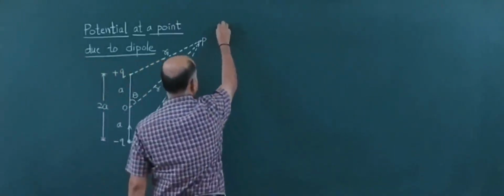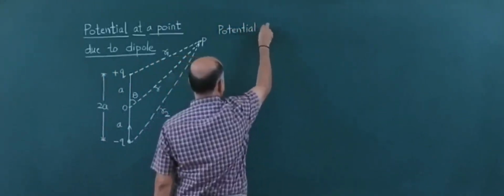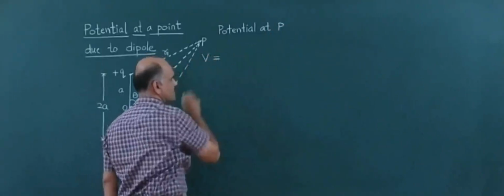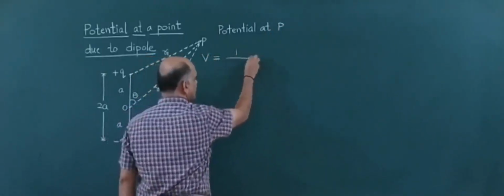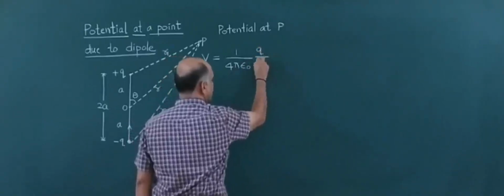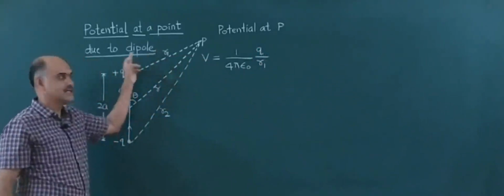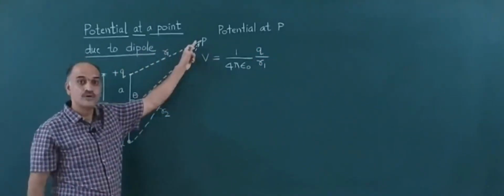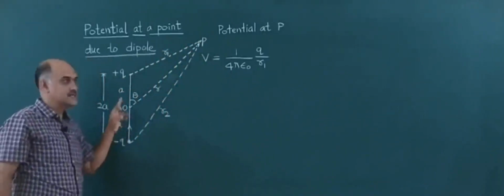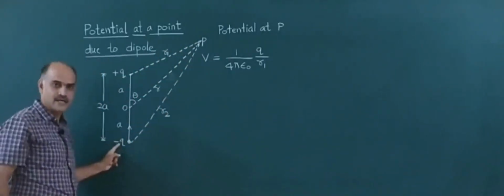So the potential at point P, which I will denote by V, is equal to 1 by 4 pi epsilon naught Q by R1, that is the potential due to plus Q.